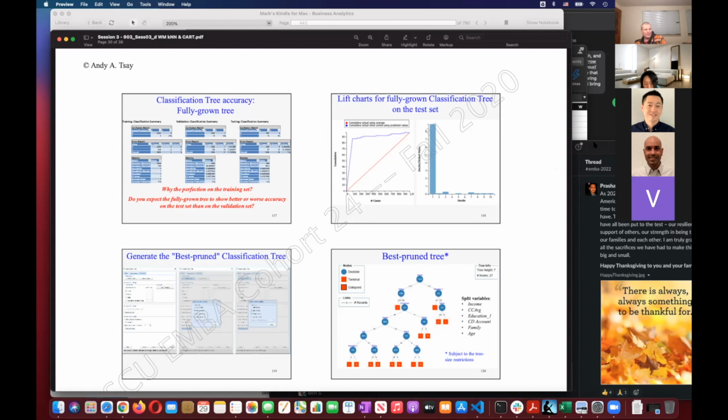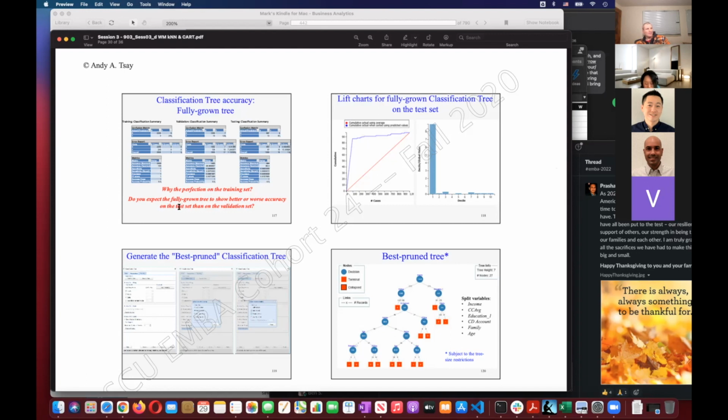Well, how do you test it then? Well, no. He's saying specifically, do you expect the tree to be better or worse on the test set than the validation set? Which is different than the training set. So why is it perfect on the training set? And then given what you know about the training set, do you expect that the test set is going to be better than the validation, or the validation is going to be better than the test?